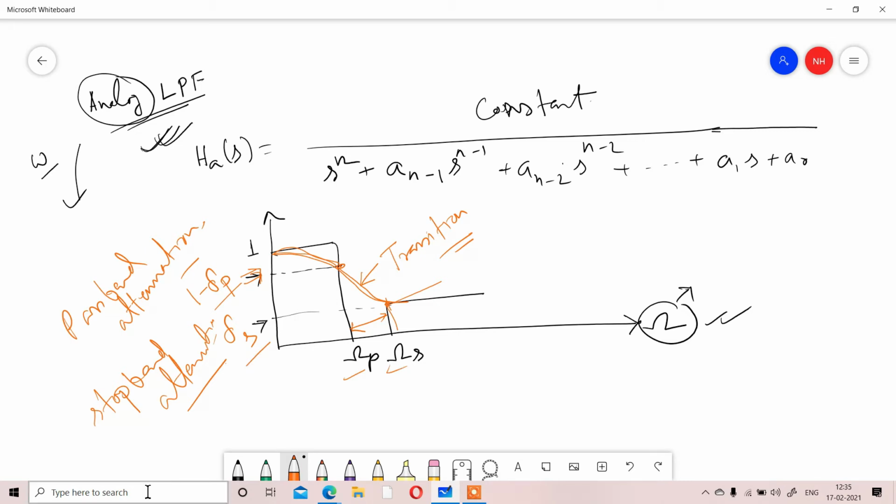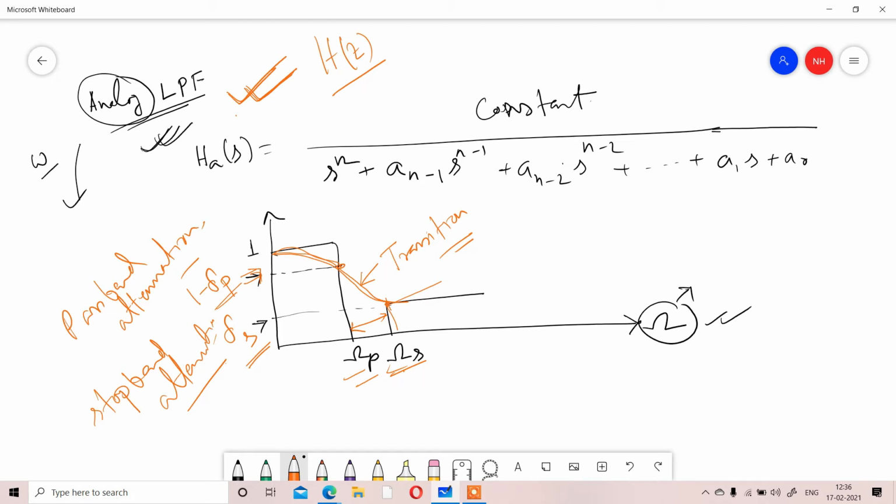Keep in mind, whenever you are going to design a transfer function of a filter, omega p, omega s, delta p, delta s will be provided. Depending on those parameters, you need to generate that transfer function. So that will be your m, that will be provided, and from here H(z) or H(e^(jω)), that you need to calculate.